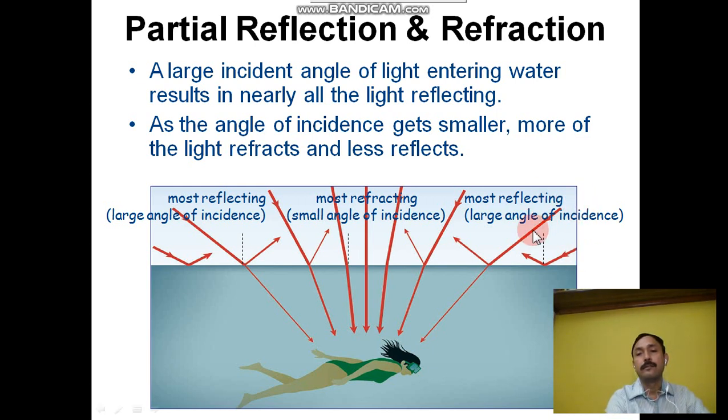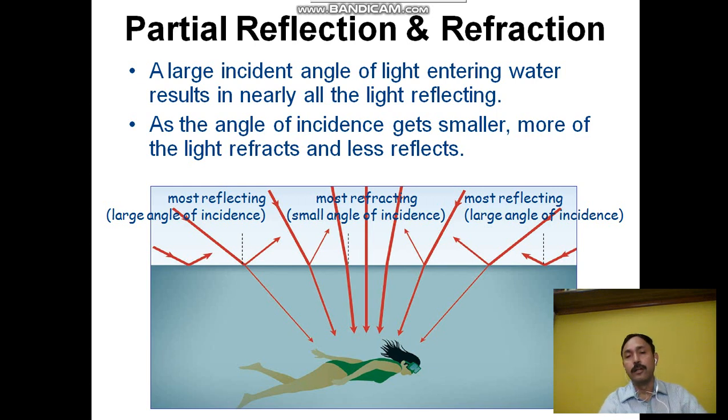Here again this is most reflecting. Why? The angle of incidence is large. That means if the incidence angle increases, there is a chance of only reflection.